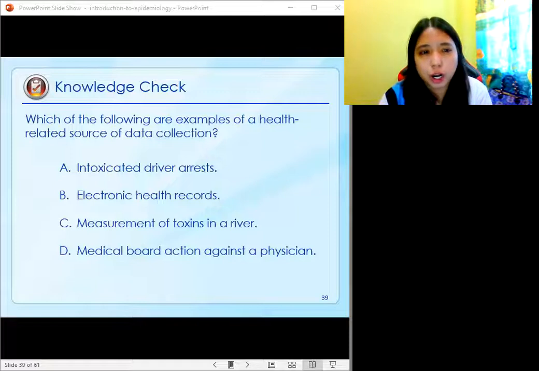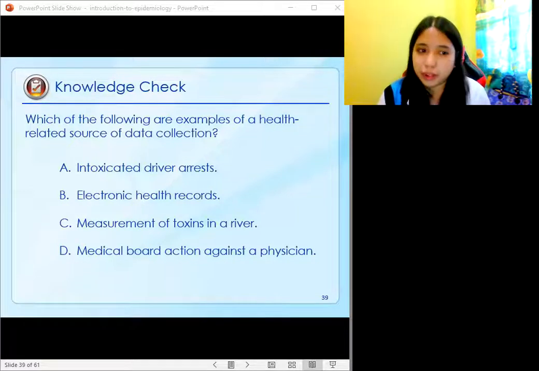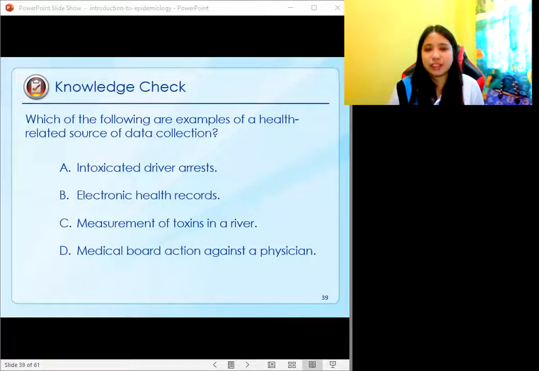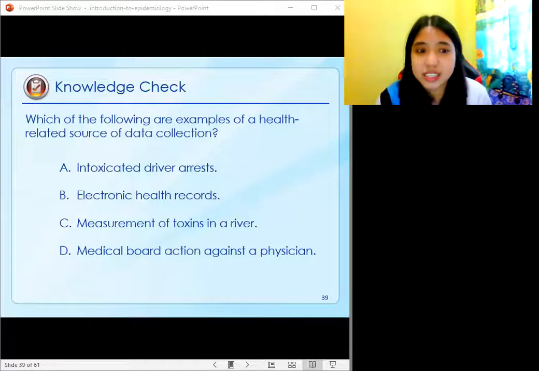So which are health-related sources? Do you think letter A, intoxicated driver arrest? This is already provided in our example, and if you can still recall, this is the example given for non-health related. How about electronic health record? Obviously, from the word itself, this is a health record, so it is a health-related source.